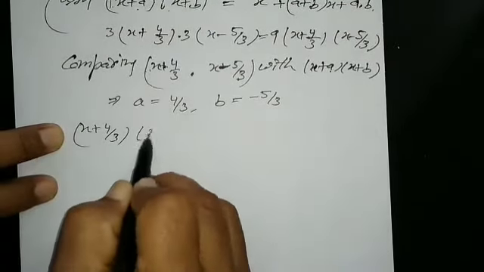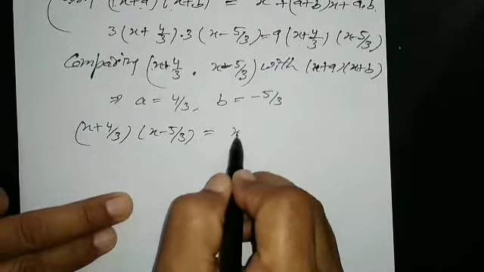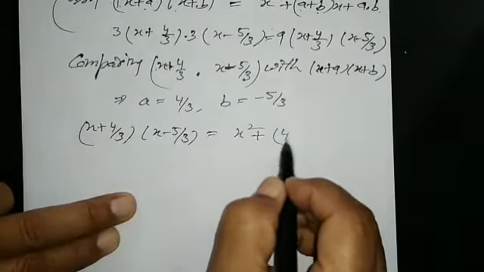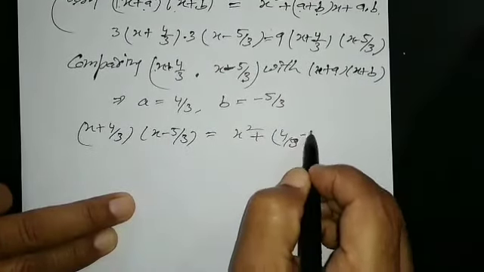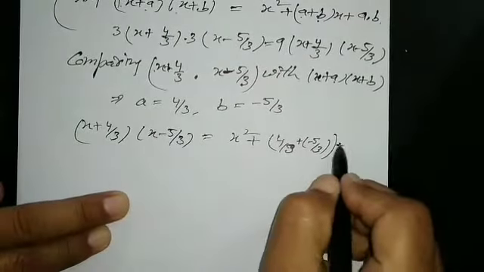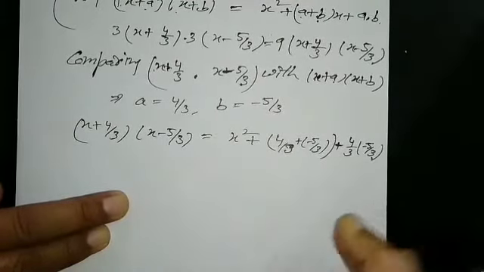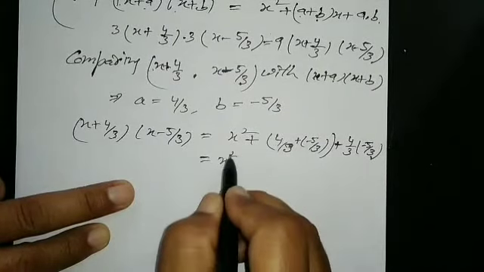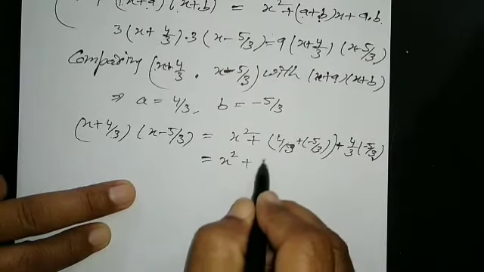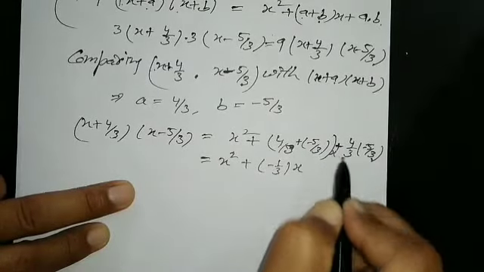Now using this, you can write x square plus a plus b. What is a? 4 by 3. What is b? Minus 5 by 3. That is a plus b, right? And the product ab, that is 4 by 3 into minus 5 by 3. Now calculate this and you will get 4 by 3 minus 5 by 3, that is minus 1 by 3, multiplied by x, right?